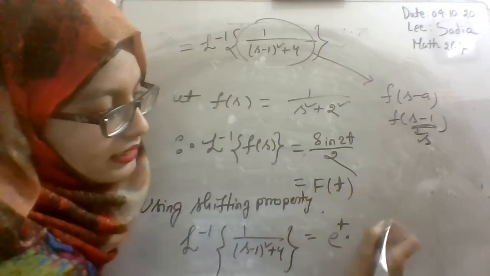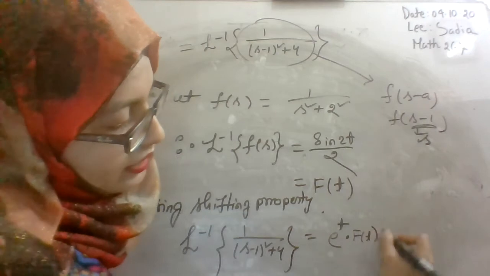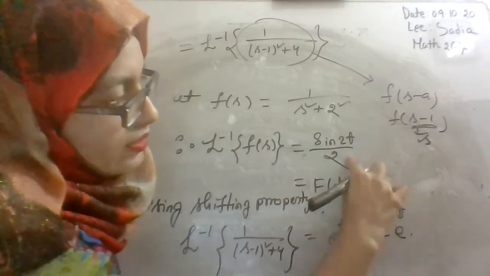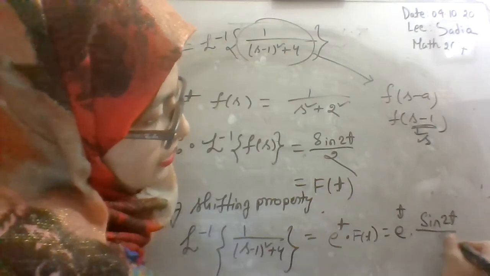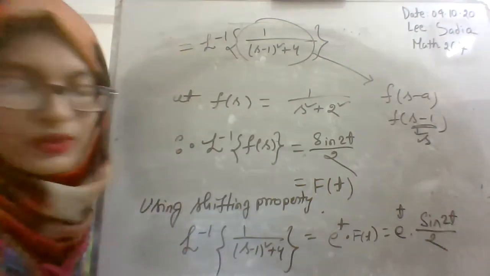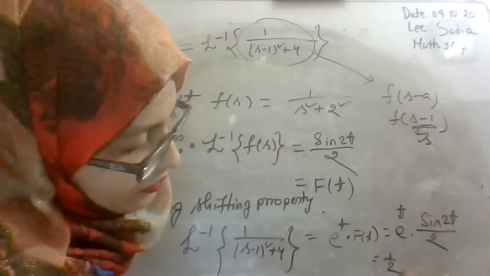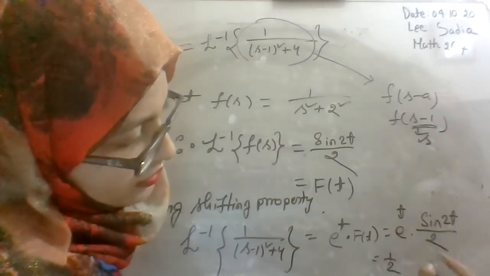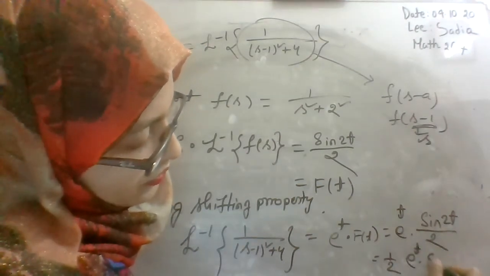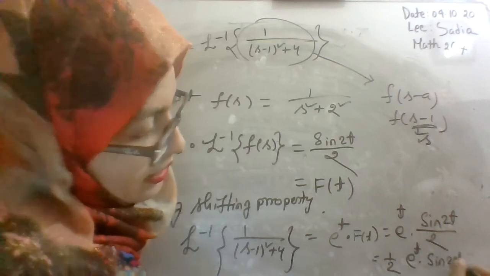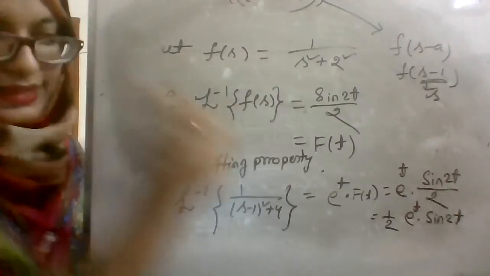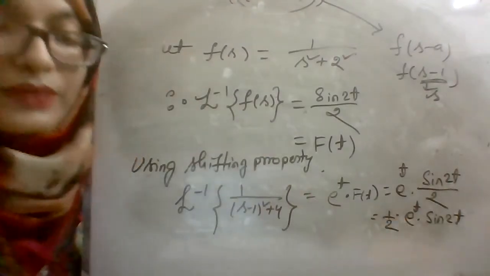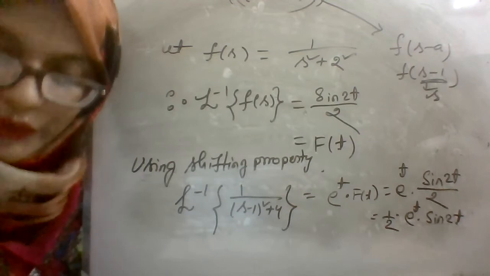And the value for f of t is equal to sine 2t by 2. Okay. So you can write it as half of e to the power t into sine 2t. And that's the application of the first shifting property or first translation property.